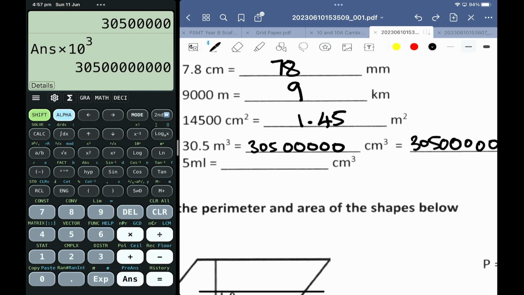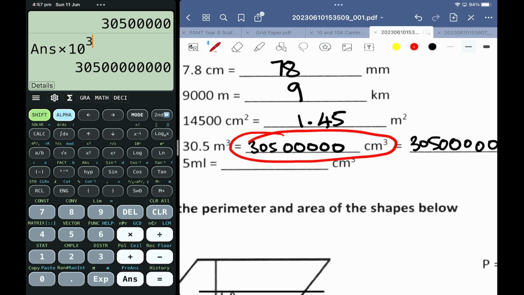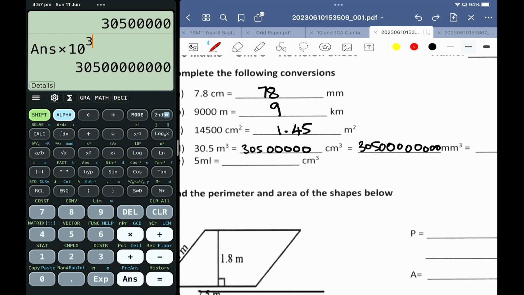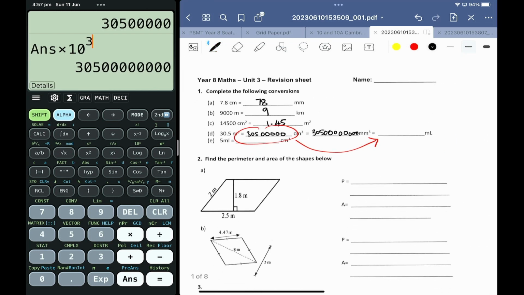So we've already found our centimeters cubed. That was over here. And we know that 1 centimeter cubed is the same as 1 milliliter. So this number here will be the same number for our answer. So we can just rewrite this number over there.